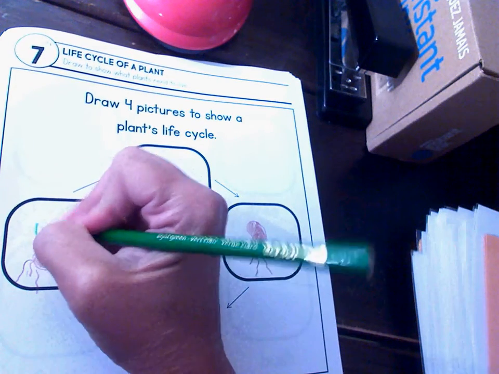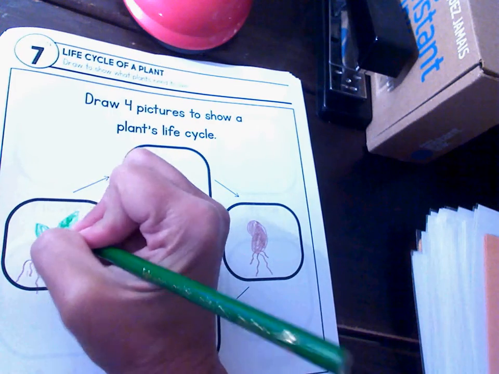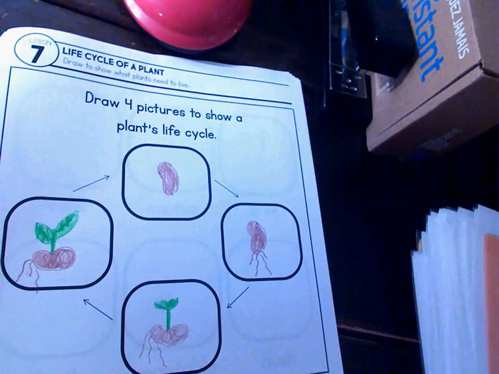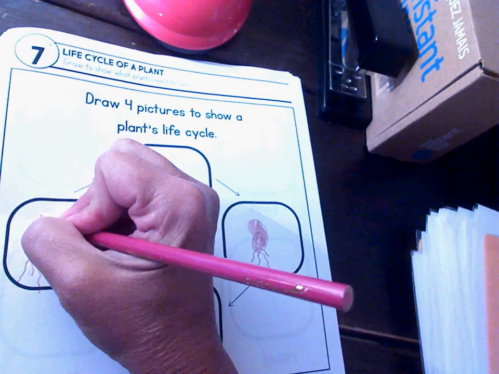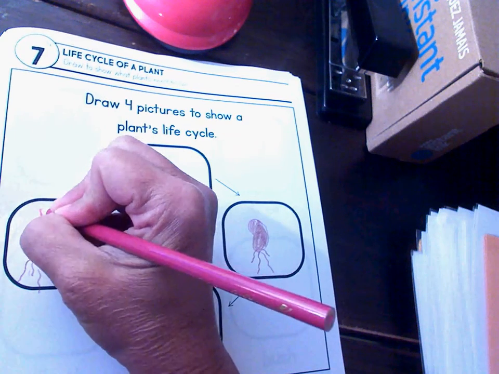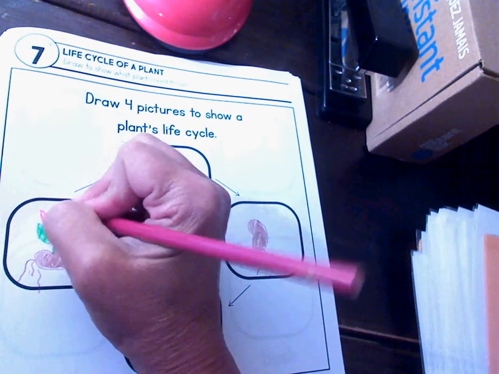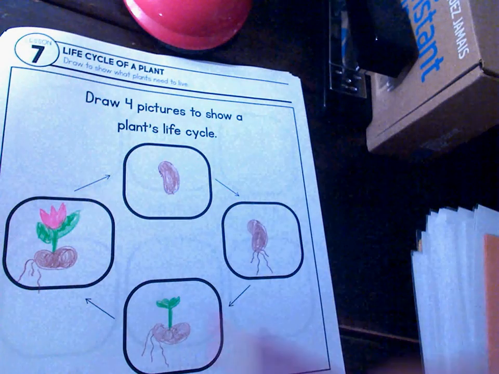So I've got big leaves here, got big leaves, and I'm even going to put a bright colored flower at the top of my plant. You can use any color you want. I am just going to put a flower on my plant like this to show that this is an adult plant like that.